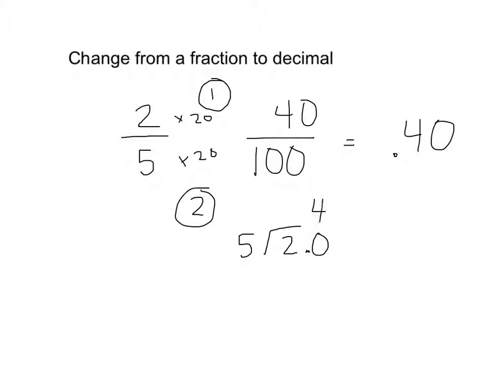It goes into 20 4 times. 5 times 4 is 20. I can subtract. Once I get to 0, I know I'm done and my decimal goes straight up. So my answer for both solutions is still 40 hundredths or 4 tenths. They are the exact same decimal. So once again, there are two options.